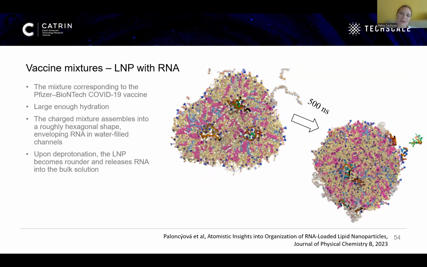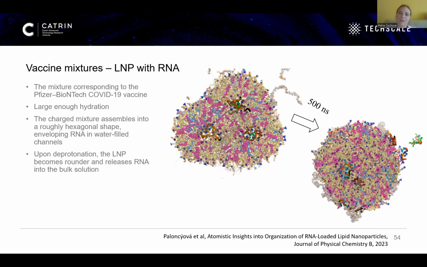We also had a look at the lipid nanodroplets on larger scales. We actually call these nanoparticles. I think there are 4,000 lipids, if I'm not wrong. What we could see is that in the presence of RNA fragments, the nanoparticle wraps the RNA and creates this pretty symmetrical or regular structure.